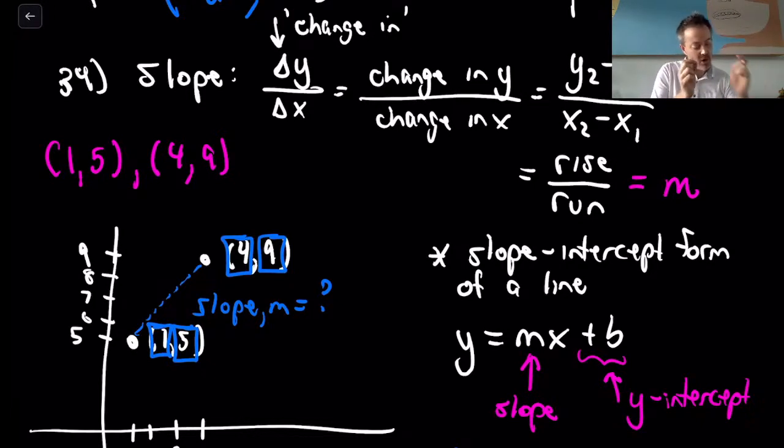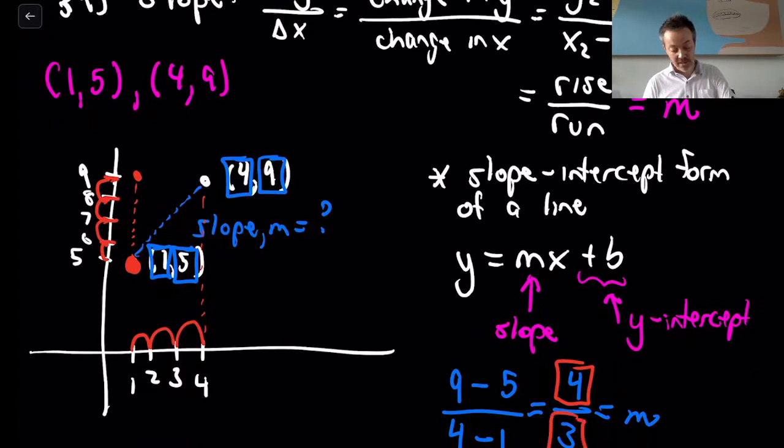Well, I'm reading my graph left to right. So if I start at this point 1, 5, the change in y, I'm going to go to 6, to 7, to 8, to 9. So I go up 1, 2, 3, 4. That's the change in y. That's what we got. So now I'm sitting up here. And then the change in x, I would go 1, 2, 3, to get to that new point.